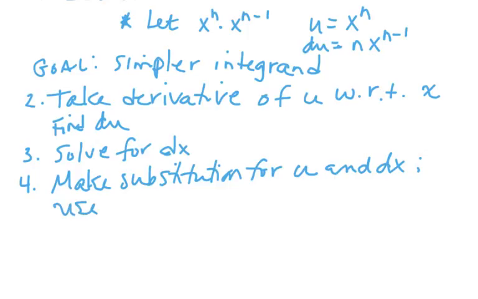And use your algebra. Algebra is your friend in calculus. Right? They dance together. So you want to make those substitutions and clean it up. Then solve the integral. Take the antiderivative, in other words. So solve the integral.